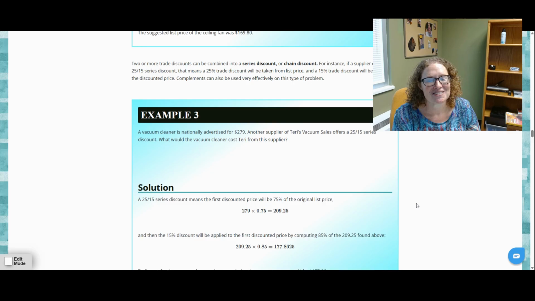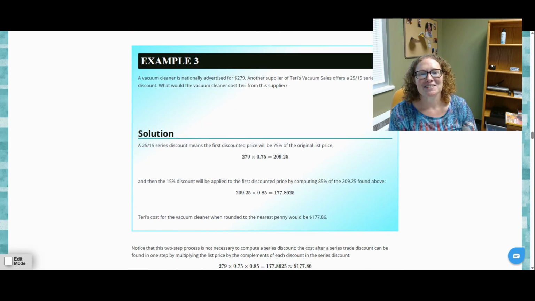So what does that mean? Here we go. A vacuum cleaner is nationally advertised for $279. Another supplier of Terry's vacuum sales offers a 25/15 series discount. What would the vacuum cleaner cost from this supplier?